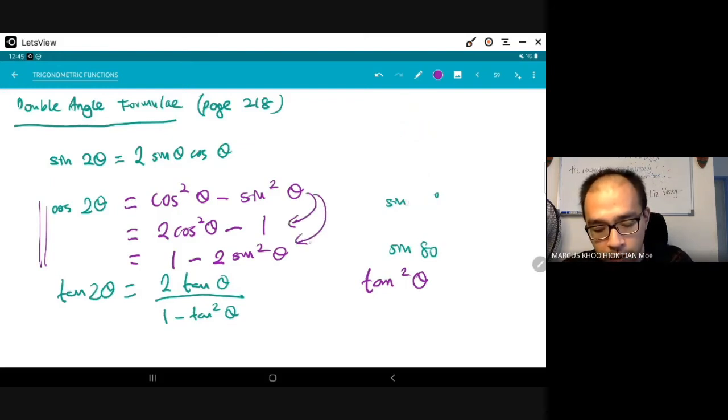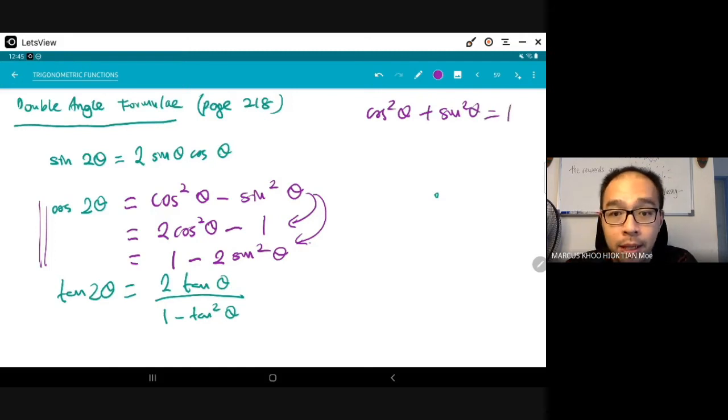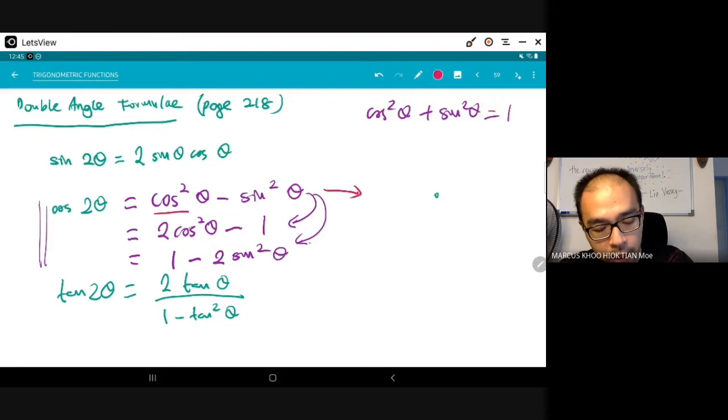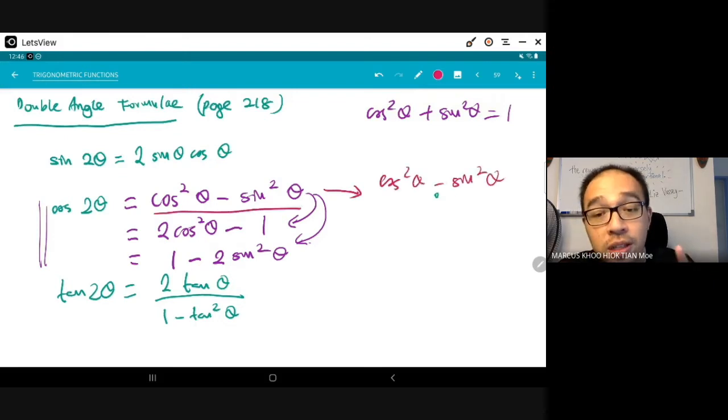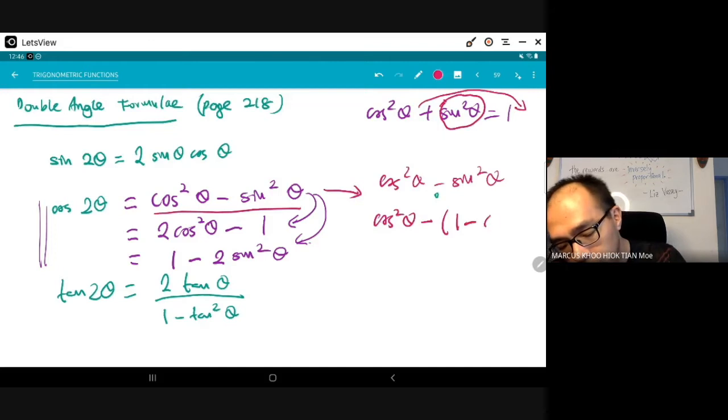The first identity that we learned is cos squared theta plus sine squared theta equals 1. So if I take from here, cos squared theta minus sine squared theta, let's say I substitute the sine squared theta. So this one I bring over here, and I'll get cos squared theta minus (1 minus cos squared theta).